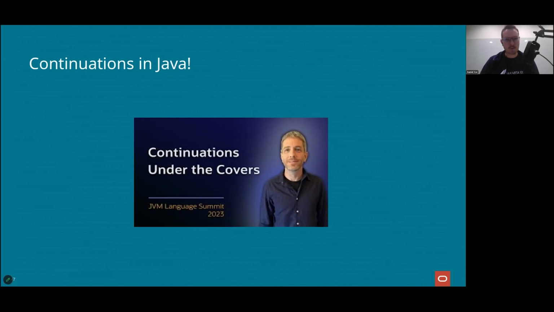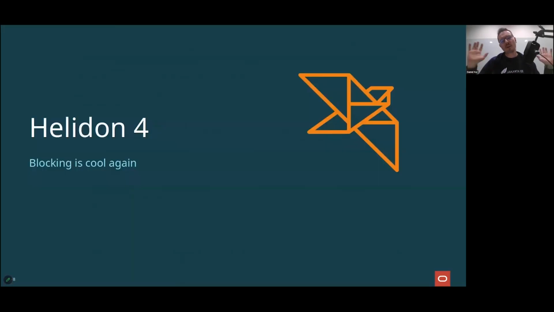But I try to give you some notion of why virtual threads are so cool. It's not just that it somehow works. There's a lot of cool things happening under the sheets that you don't need to know about, but that makes them so fast.